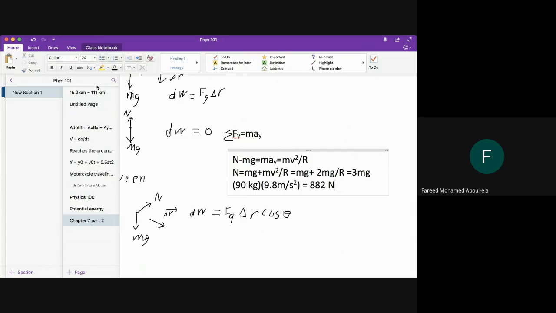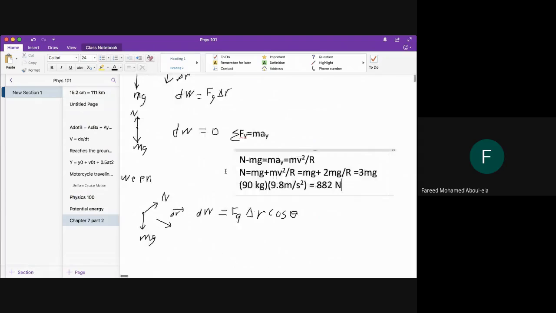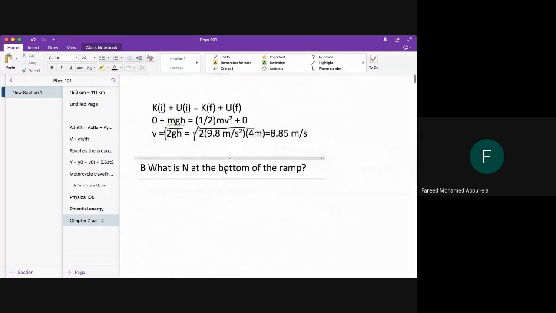Okay? Okay, so we solved the problem. We solved the problem using conservation of energy. Now, that was possible because energy was conserved.